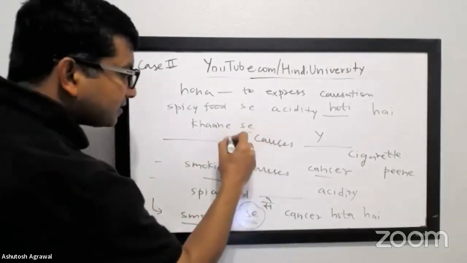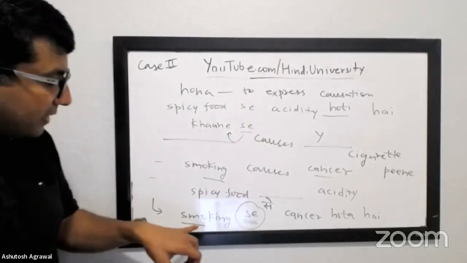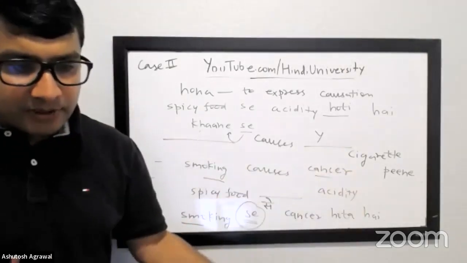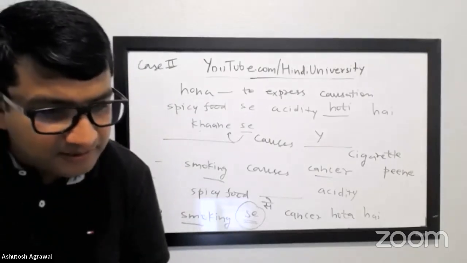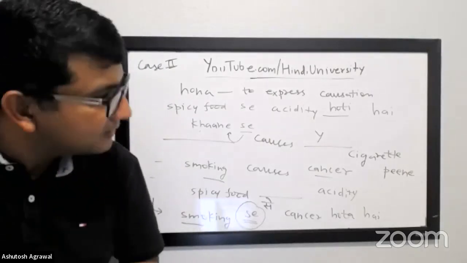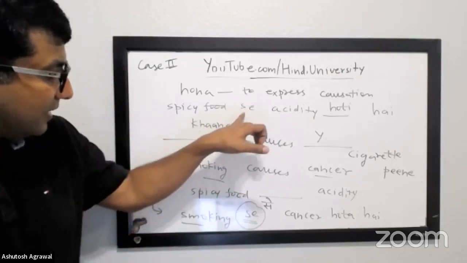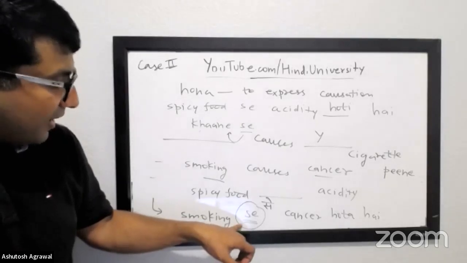So this se is changing the verb to an oblique case, just like smoking पीने से or cigarette पीने से. Yes, Mimi ji. You said a few sentences back that you would use the postposition se after smoking at the beginning, and you explained very briefly why. Can you say it again?